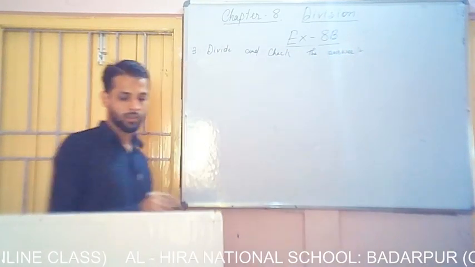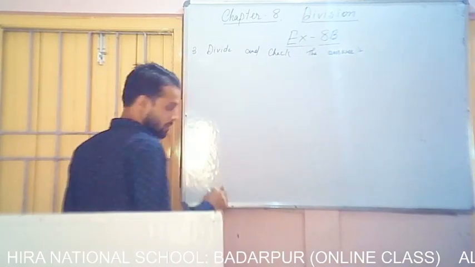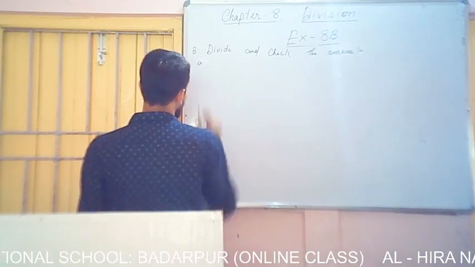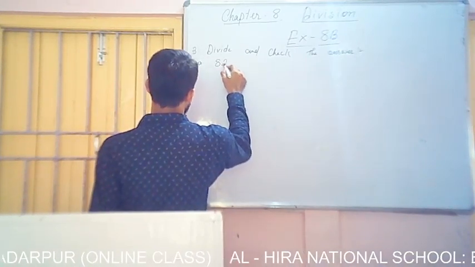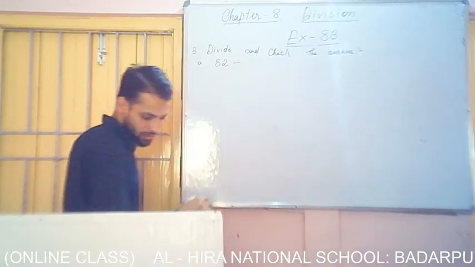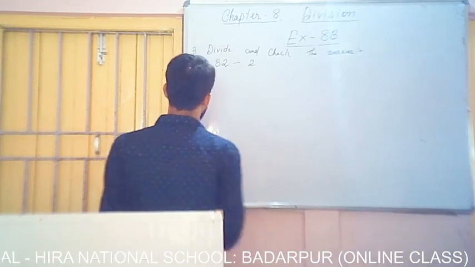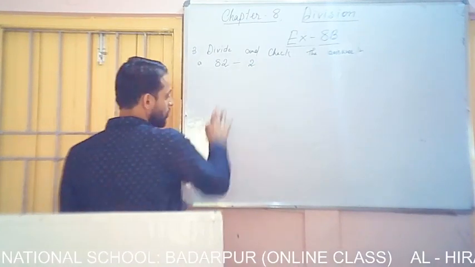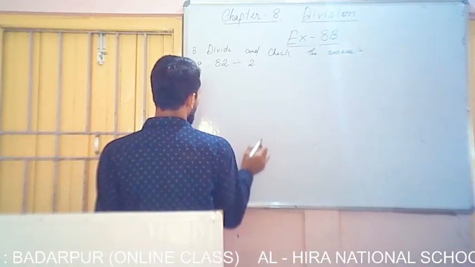Now again you see, divide and check the answer. Here the first question is A, that is 82 divided by 2. First of all, to divide, what we have to do? We have to arrange the dividend and the divisor.